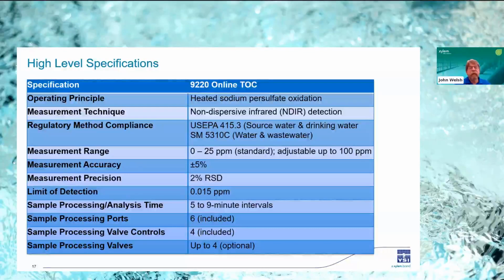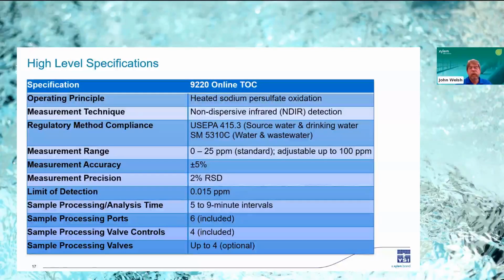However, if a lower measurement range is necessary, say 0 to 5, 0 to 10 parts per million, whatever that happens to be, or whatever you might happen to want it to be, then it's as simple as selecting that range, calibrating the instrument to that high concentration standard, and then operating it from that point.